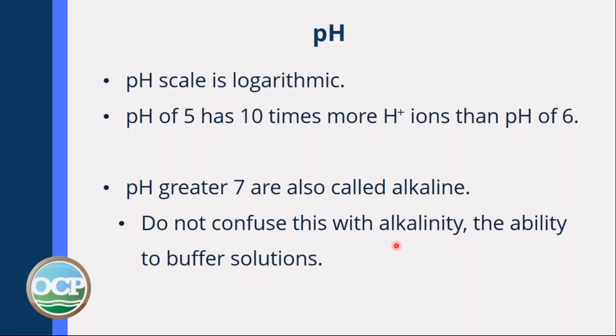That is also called alkalinity. So be very aware of the context in which the word alkalinity is used. It can mean pH is greater than 7, but it's also a measure of the ability of that solution to not become too acidic. That ability is called buffering.